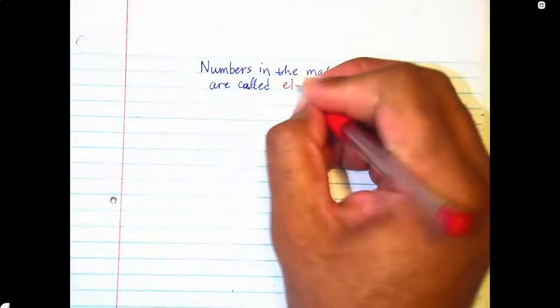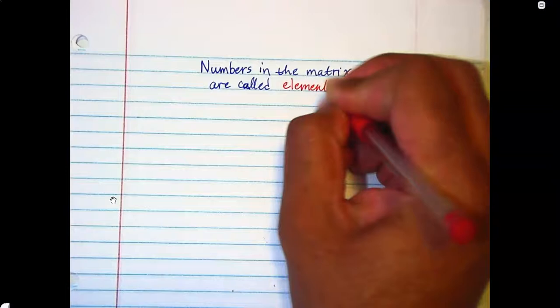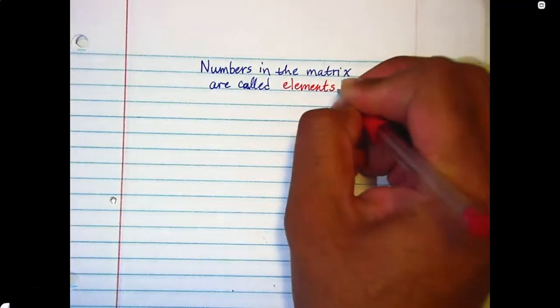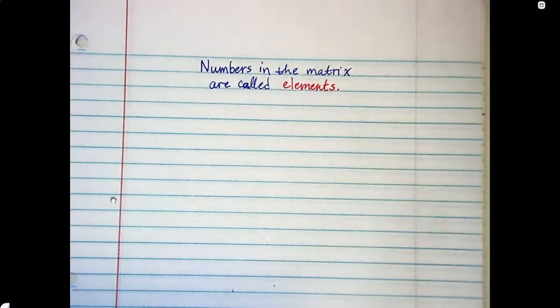This could be numbers, or variables like letters, but they're normally constants that we have in a matrix that we're going to work on. These elements are going to be dealing with our rows and columns, our dimensions, to help us figure out what's going on.